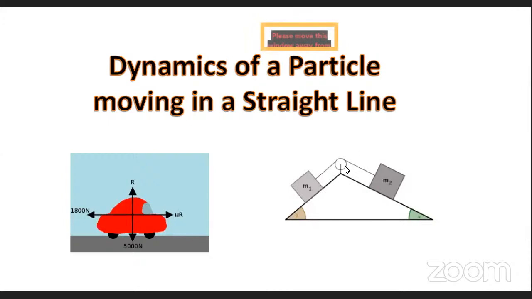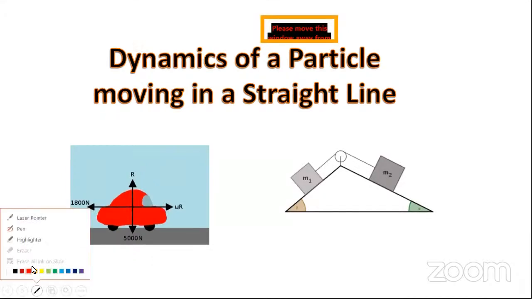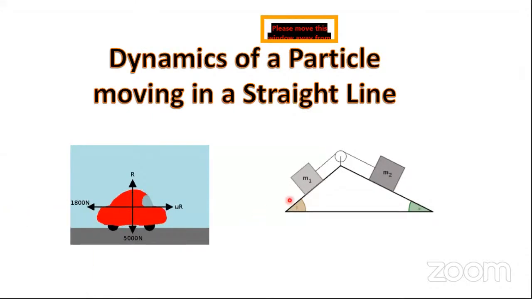Then on the second diagram, we have an incline. So we have a particle M1 that is inclined at an angle of beta to the horizontal. Then we have a particle M2 which is also inclined at an angle alpha to the horizontal.